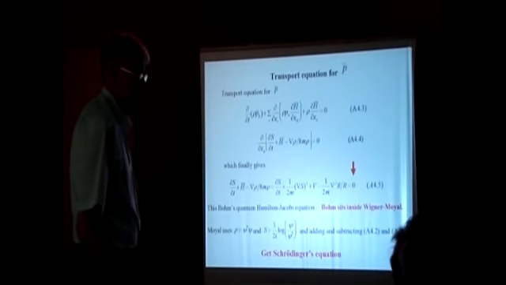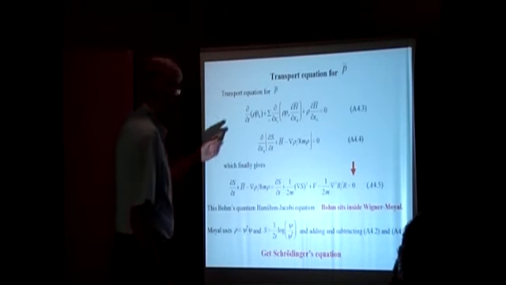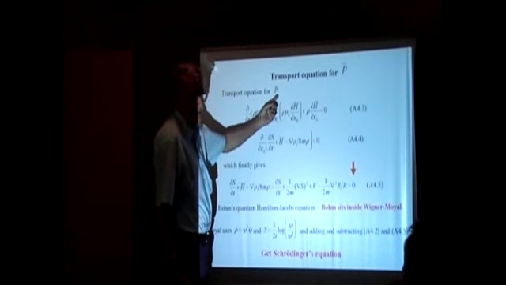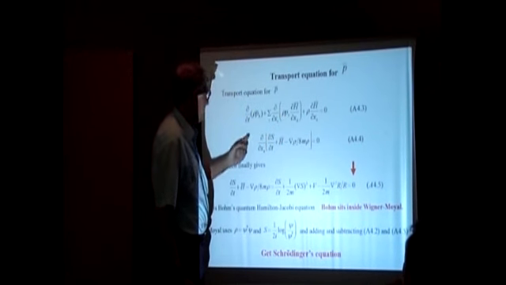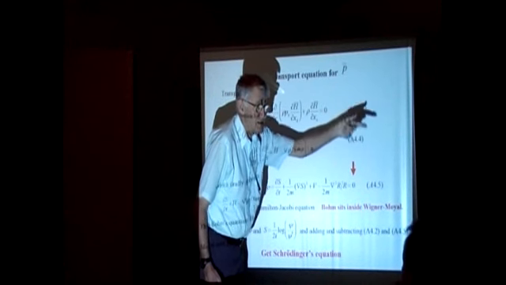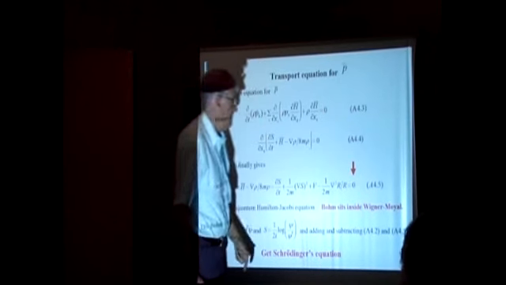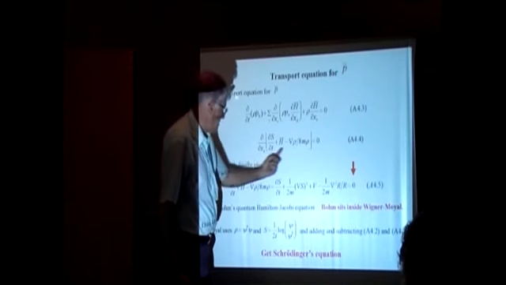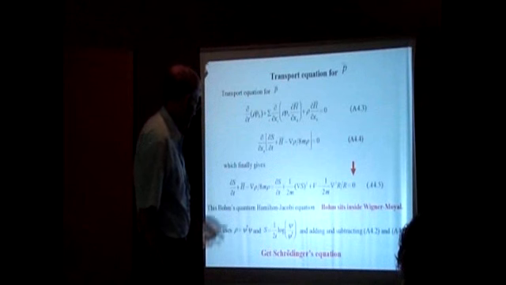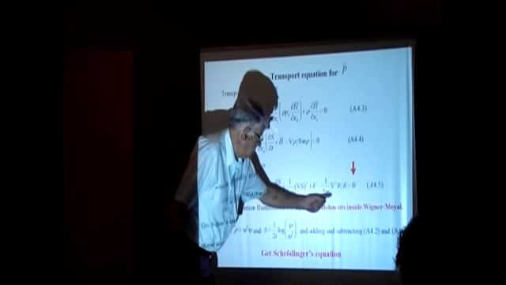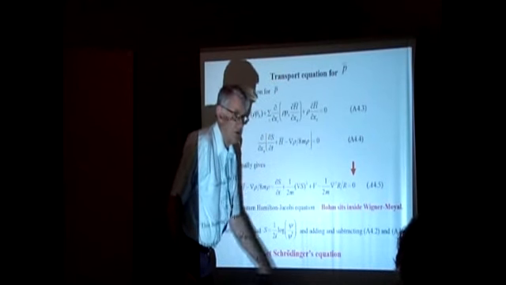And now, what's the transport equation for the mean momentum? And these, by the way, are the equations in the abstract of his paper. You find you get something which looks like that, which translates into something which looks like that, and which finally gives this, with the quantum potential.